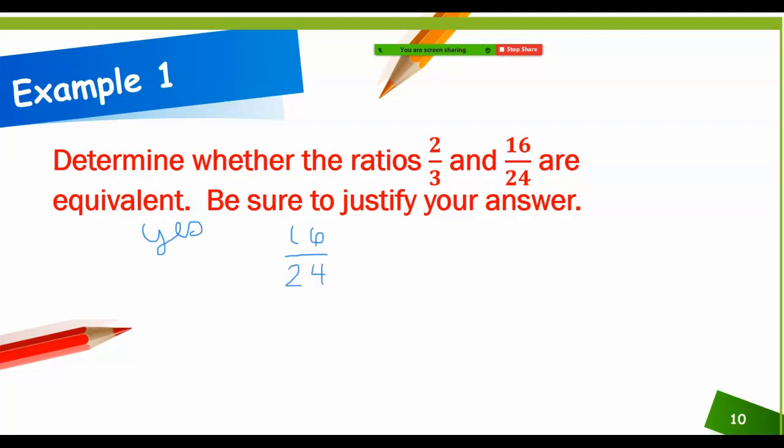So Madison said they are equivalent because she took 16 over 24 and divided that by 8 over 8. 16 divided by 8 was 2. 24 divided by 8 was 3. So 16/24 simplified to 2/3, which is my other ratio, which made them equivalent.